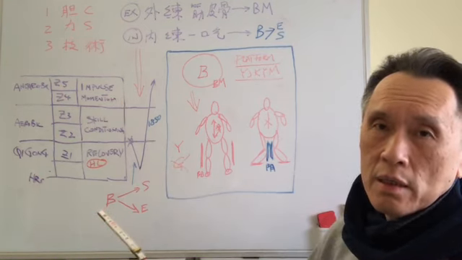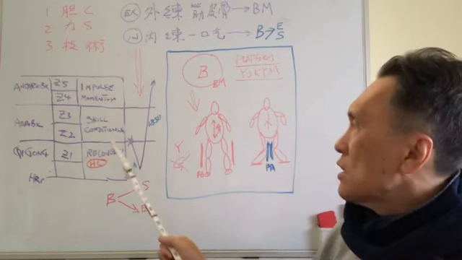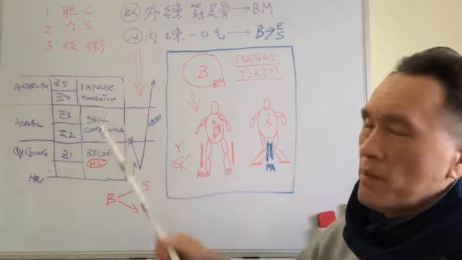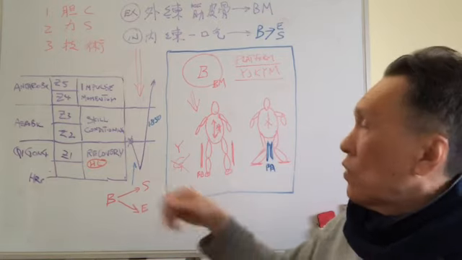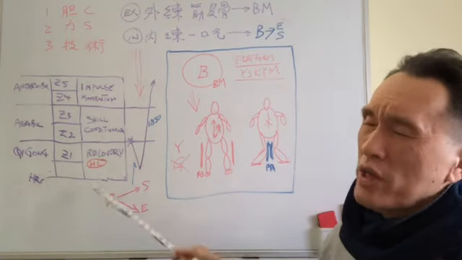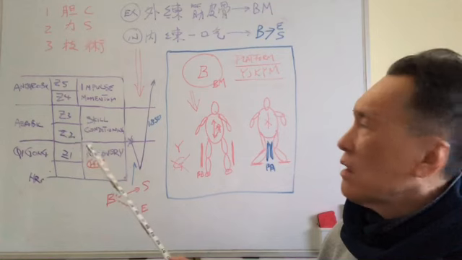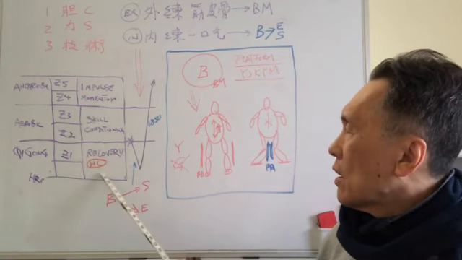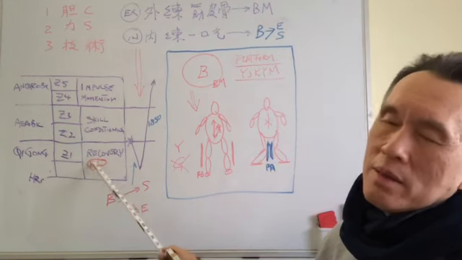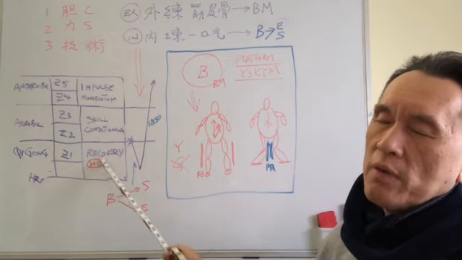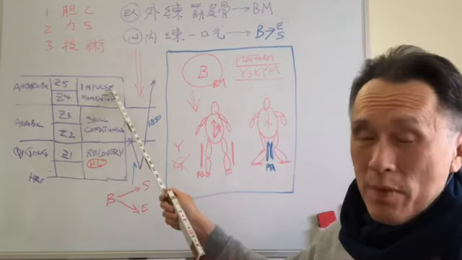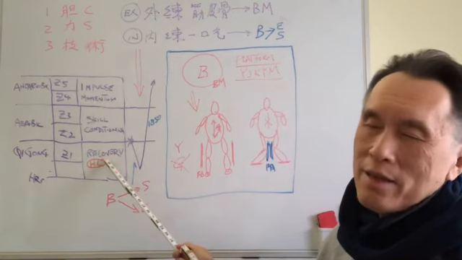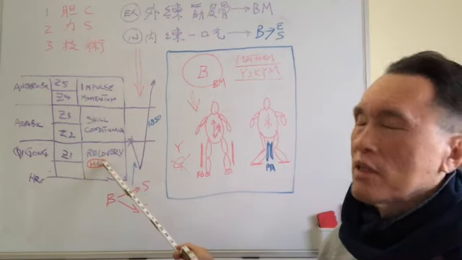Okay, so this is parasympathetic, this is sympathetic. So this is a real human, and thus the slow stuff, that breathing stuff, that qigong stuff is here. Fighting is up here.